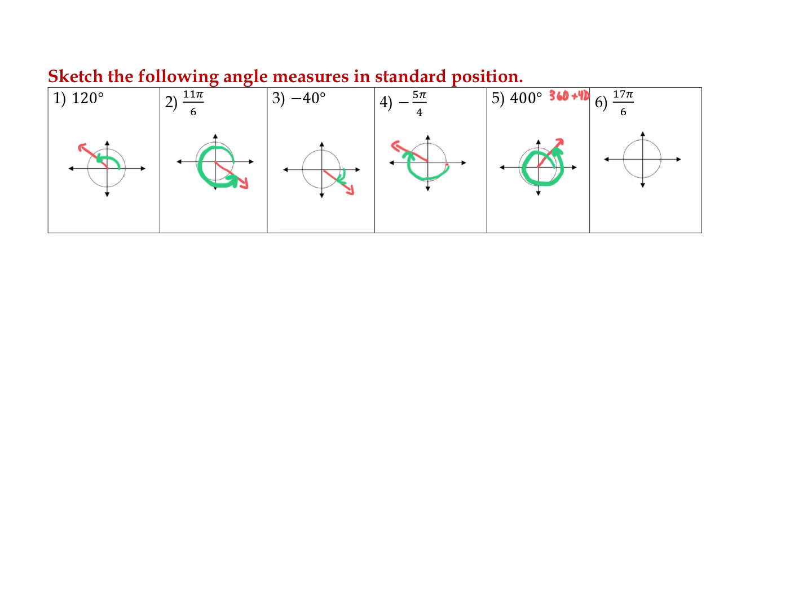And then 17 over 6 pi is really 2 pi, because 2 pi would be 12 on top, plus 5 pi over 6. So 5 pi over 6 is almost at pi, so I know I'm going to terminate over here, but I'm going to start and go all the way around and in there.